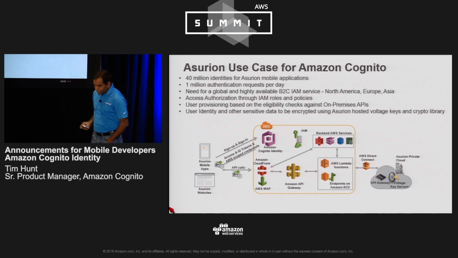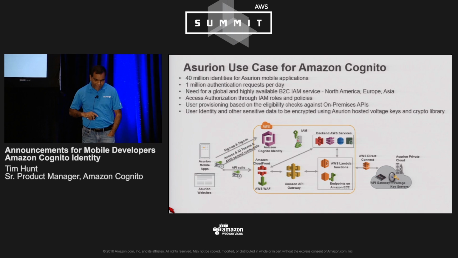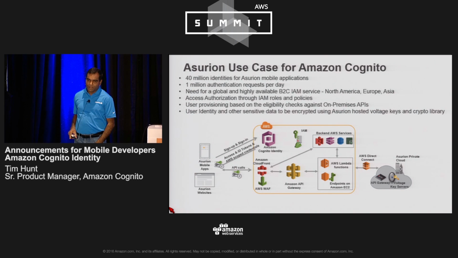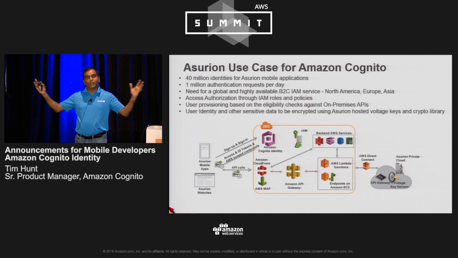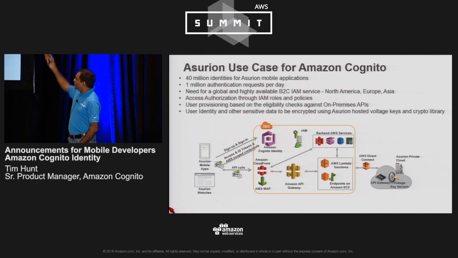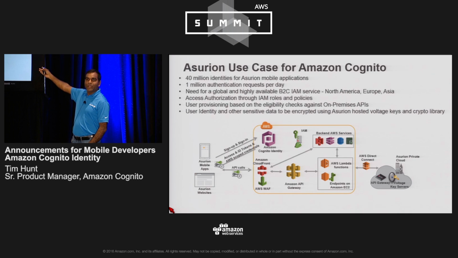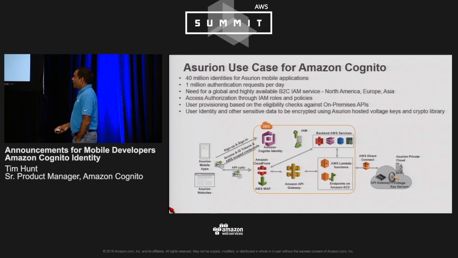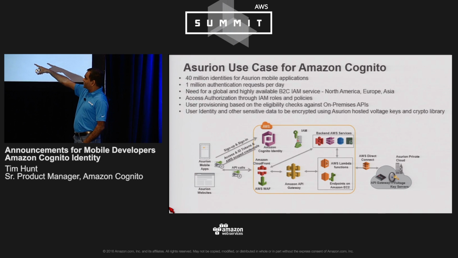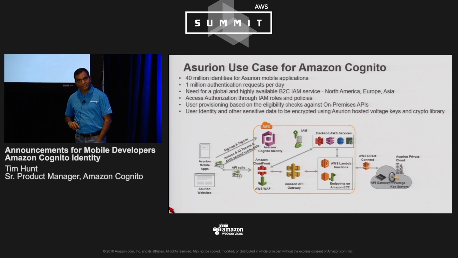So after looking at the managed directory of Cognito, we put together the logical architecture diagram of how we want to do this end-to-end security when it comes to our mobile apps and protecting our sensitive backend APIs. And as you can see, we have exposed all our APIs through API Gateway through CloudFront to our mobile devices as well as our browser-based apps.